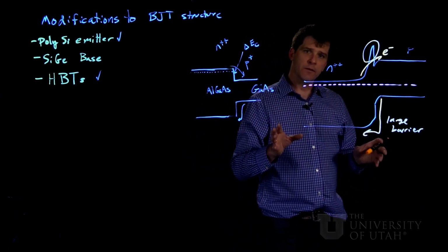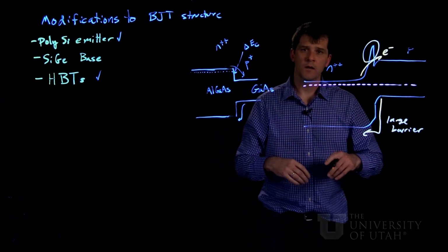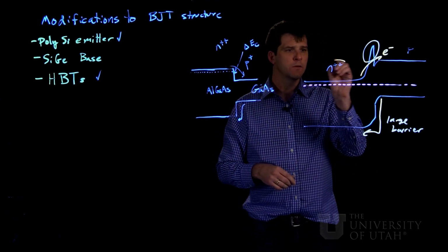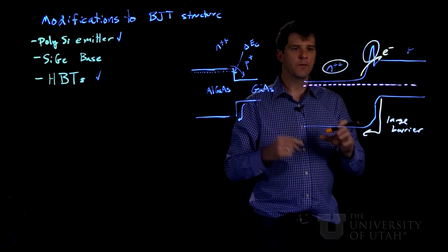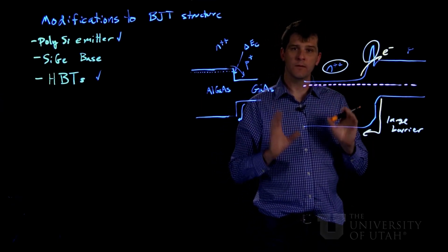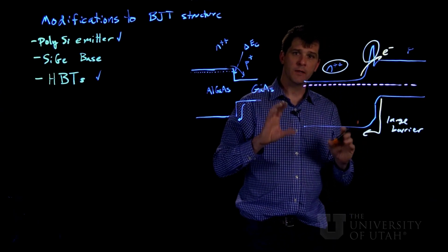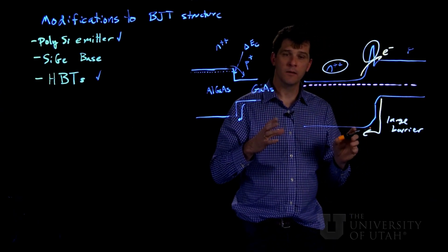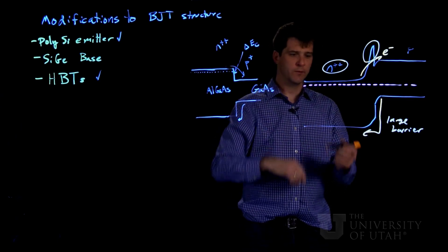Now I'll mention another thing having to do with the use of heterojunctions. Remember, we saw band gap narrowing as a result of the very heavy doping in the emitter. The effects of band gap narrowing can be mitigated simply by making the band gap larger in the first place.